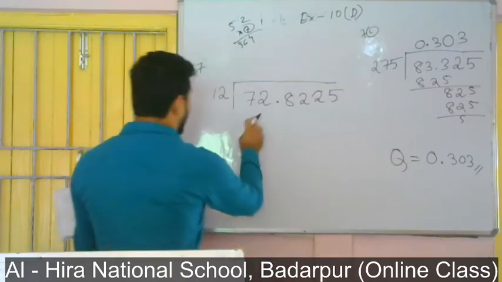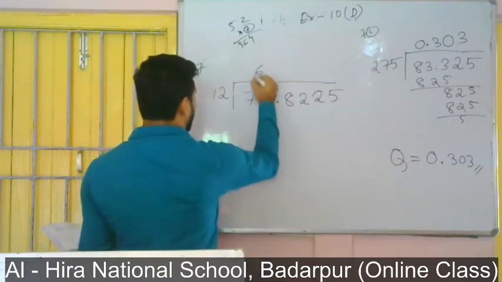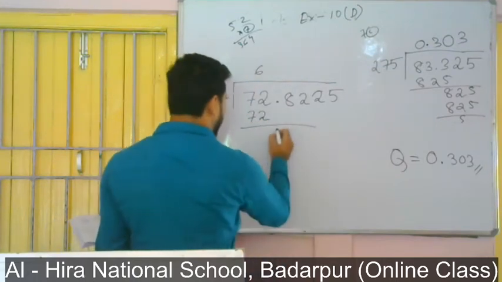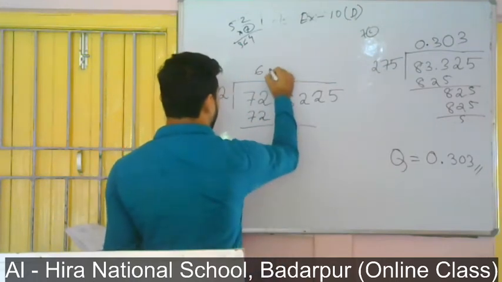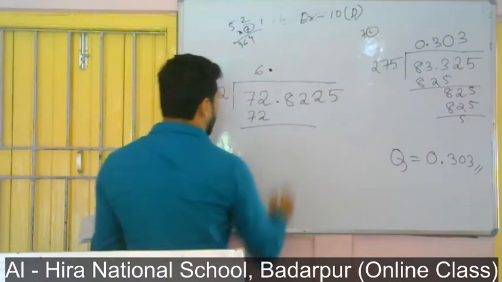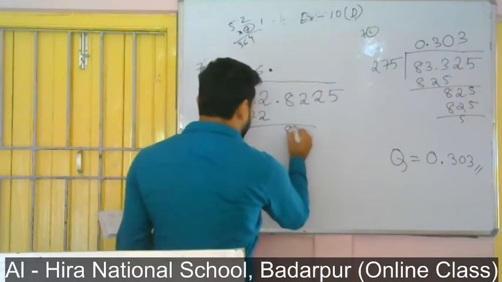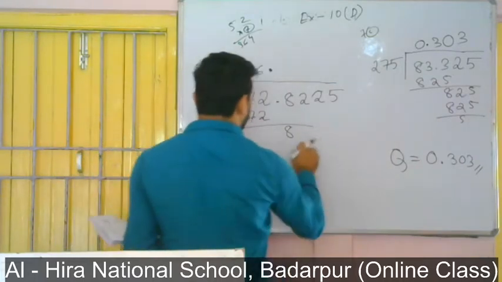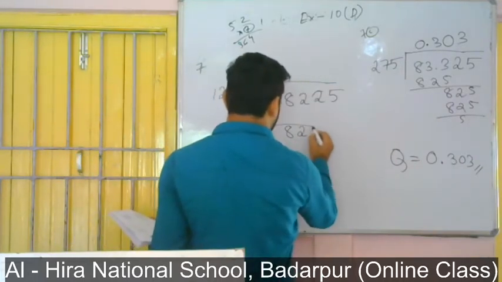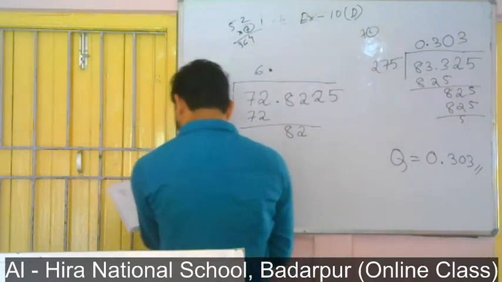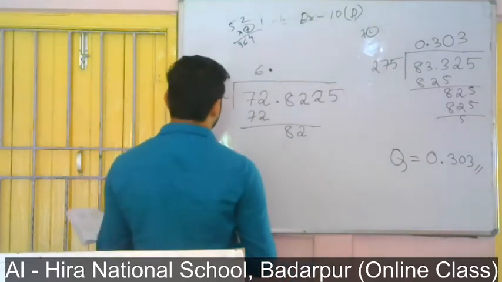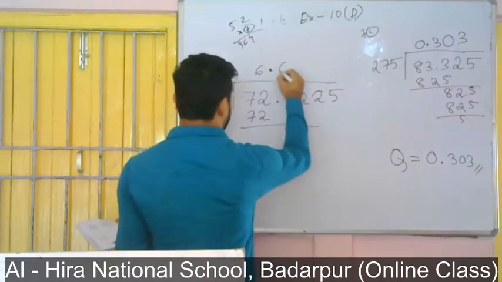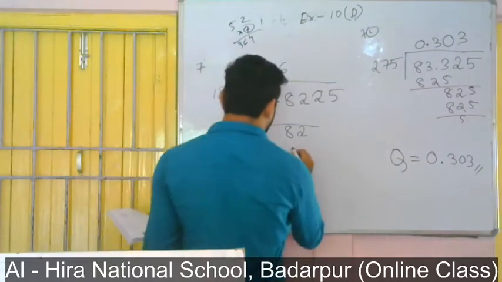So we can write directly 6 12s are 72. After that we are getting point here, so we'll put point. Now we shall take 8. So 8 is not divisible, so we'll take 2. Then 6 12s are 72.